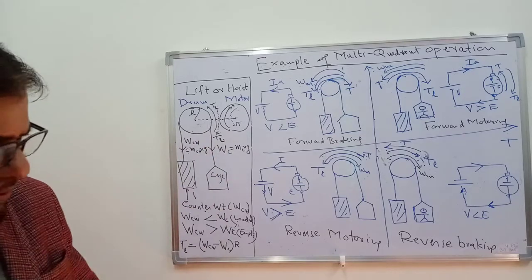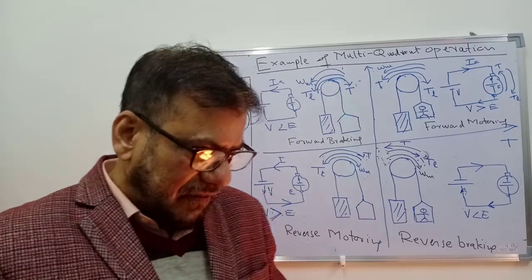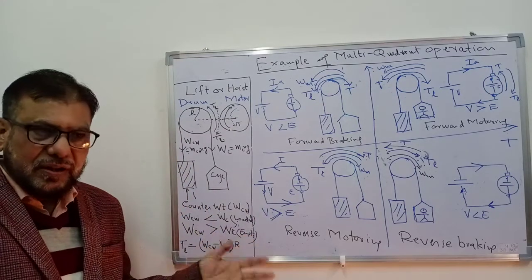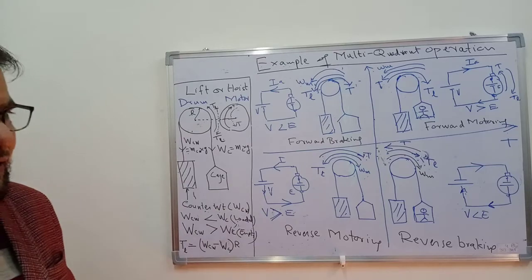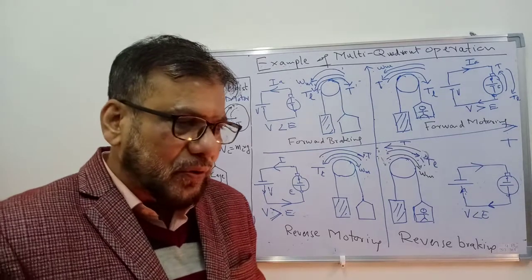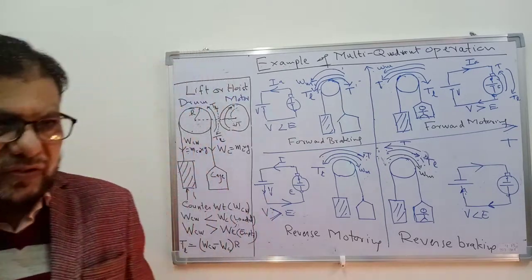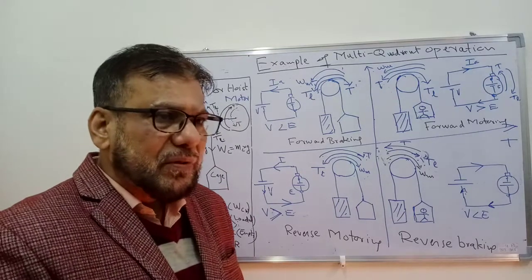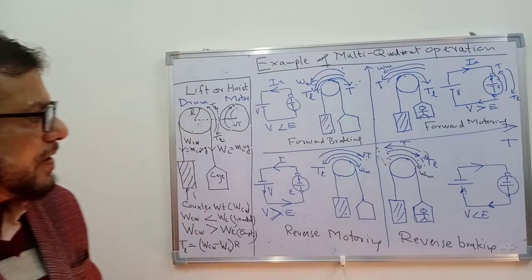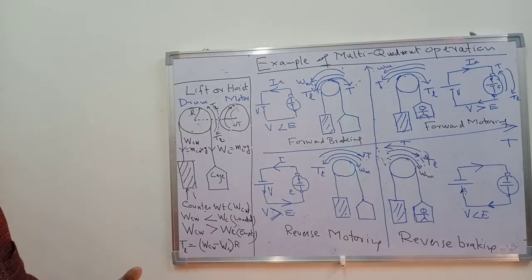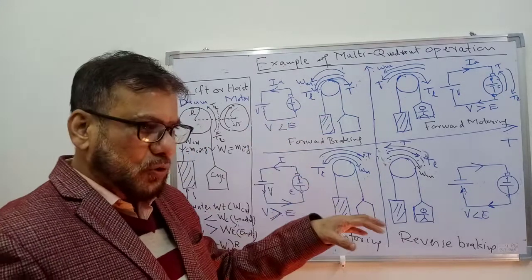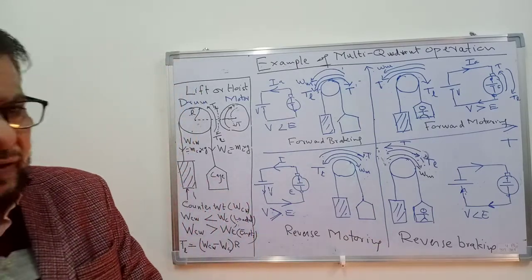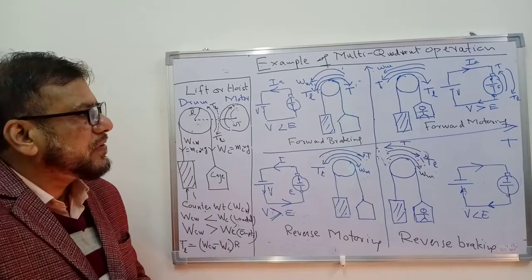You will see some other loads in the next lecture. There are various types of loads. Some loads are constant torque loads. Some loads are speed dependent loads. Some loads depend on the square of the speed. Some loads decrease with the speed. So various types of loads are there, and we have to accordingly choose the motor and design the system so that the load characteristics match with the motor characteristics.